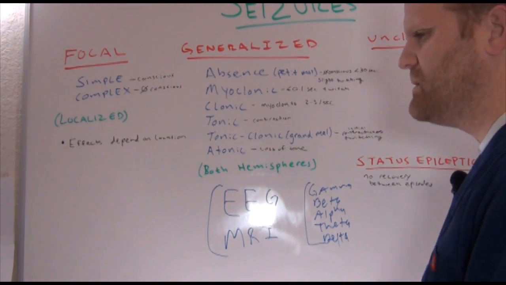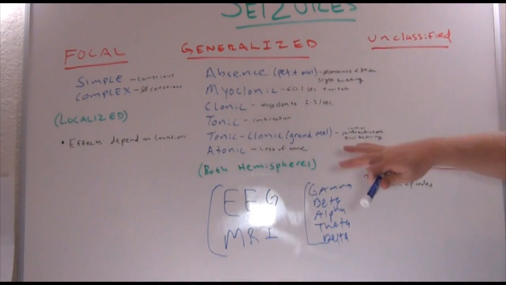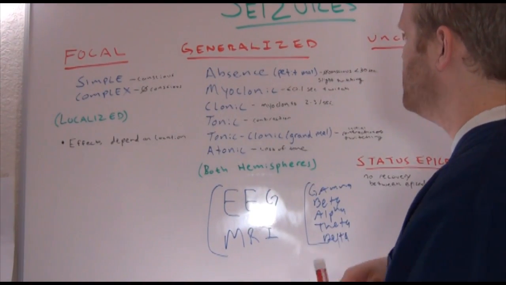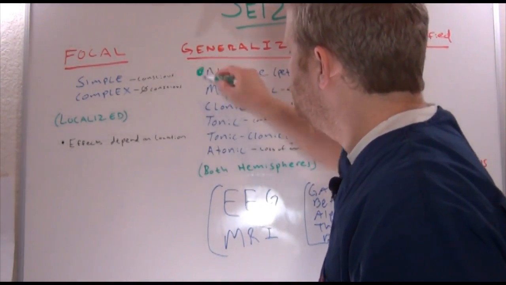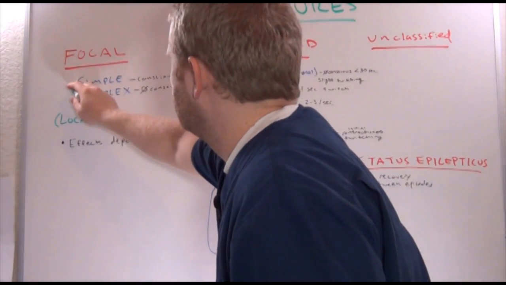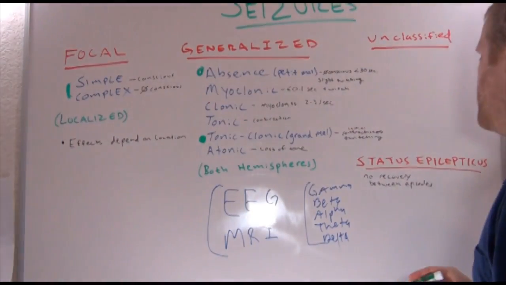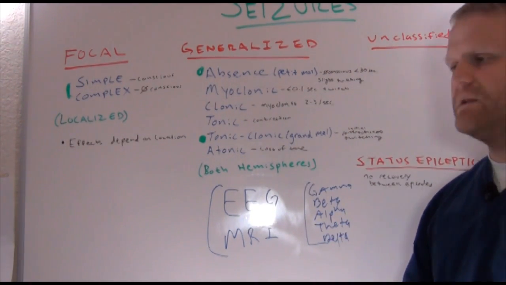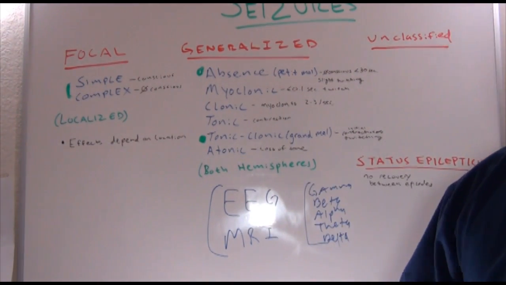Okay, so those are really some of the basics of seizures, what they are. The things that I would focus on if I were studying for NCLEX: I would focus on absence seizures, tonic-clonic, and just the basics of focal. I would also focus on what an EEG is, the basics of it, and some of the medications we give, fosphenytoin.